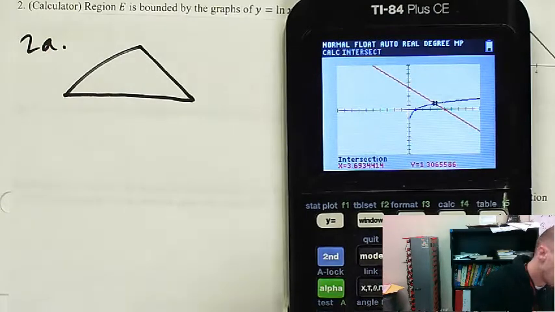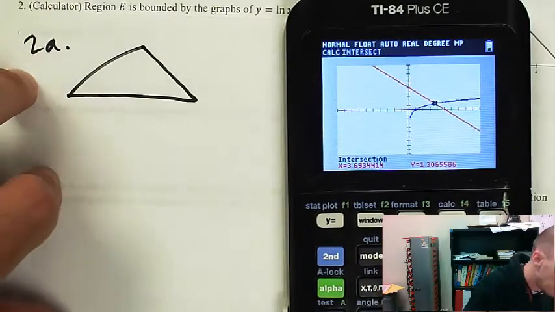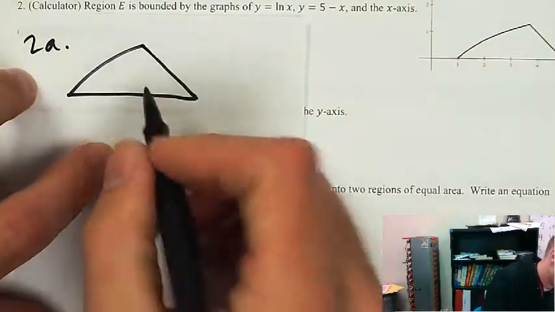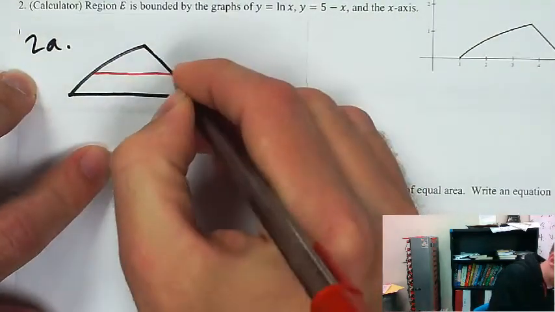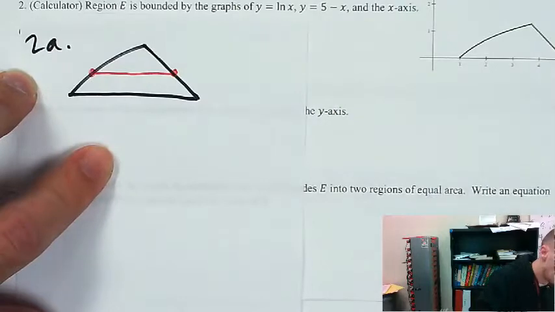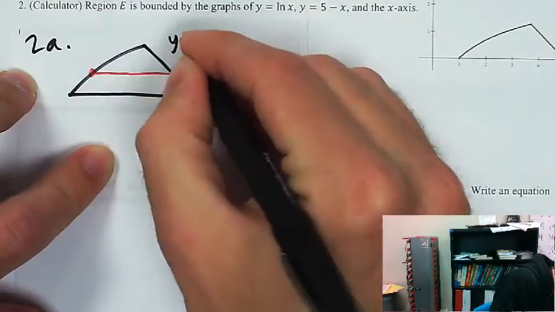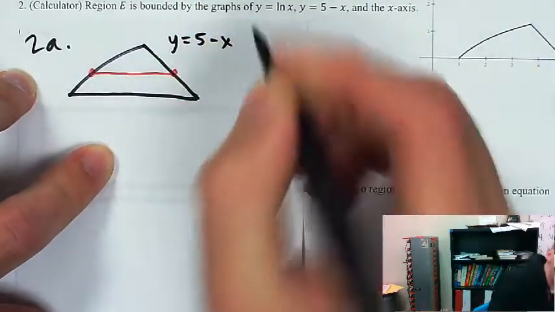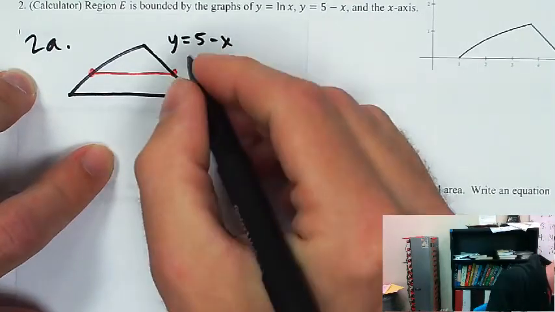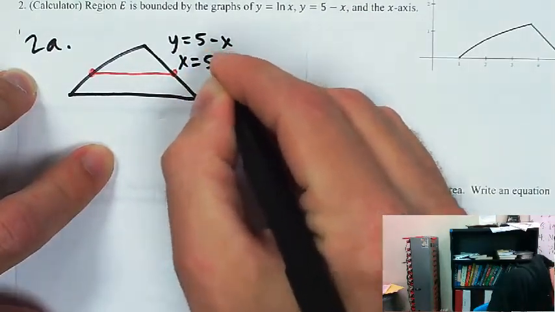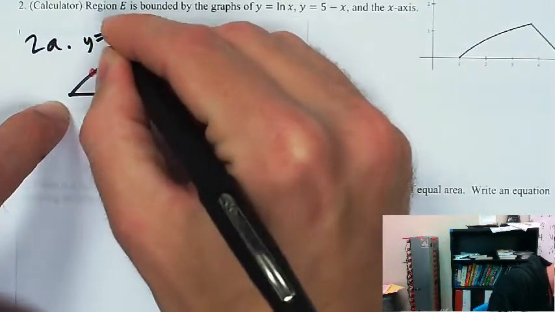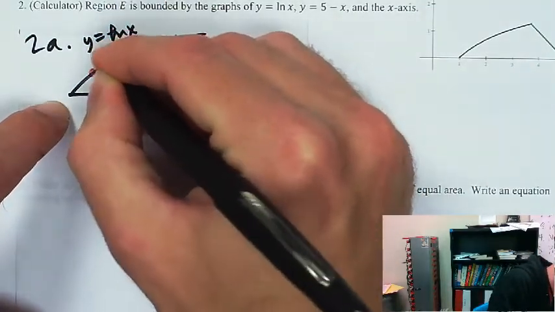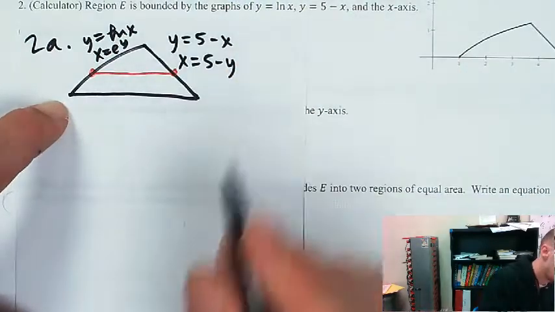Okay, so we're going to be integrating right minus left. Over here I have y equals 5 minus x. If I solved for x, I would get x equals 5 minus y. Over here I have y equals log x, and if I solve for x, I'd have x equals e to the y.